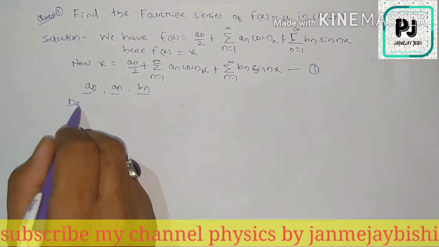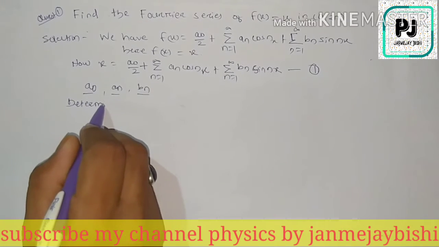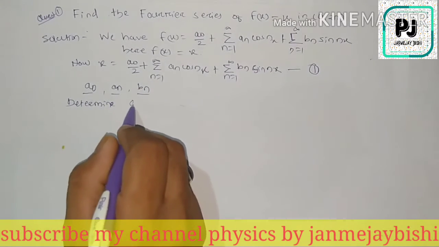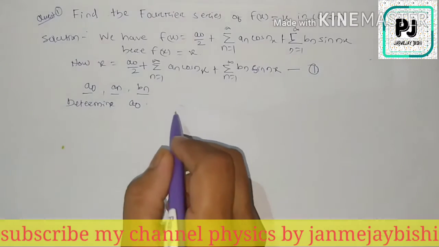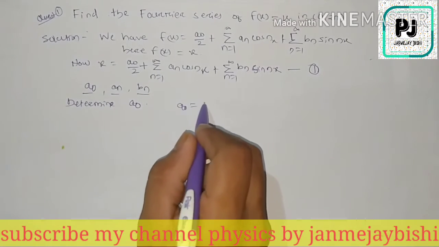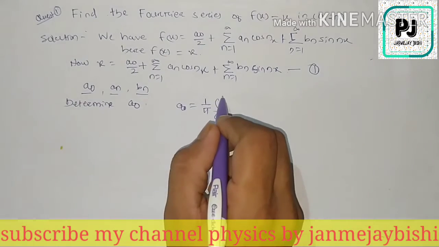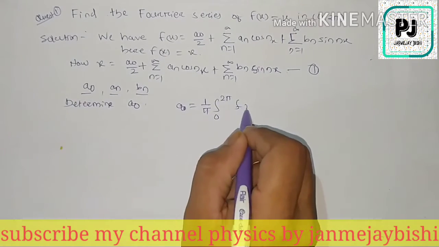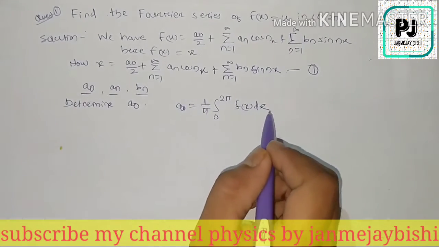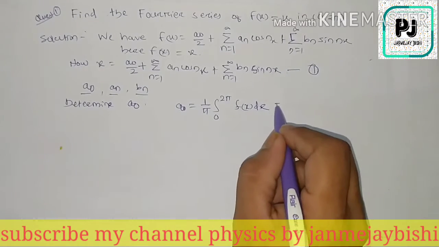Now first we determine the value of a0. So a0 has the formula 1 by pi integration 0 to 2 pi f(x) dx. So in case of the f(x) we have to put the x.